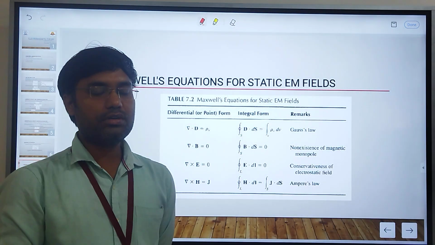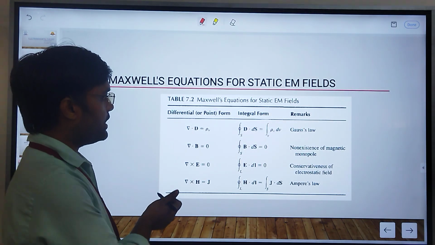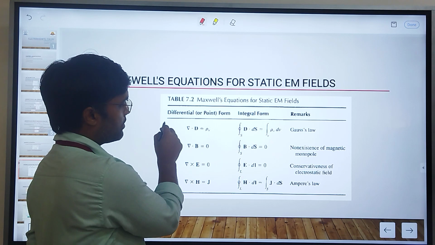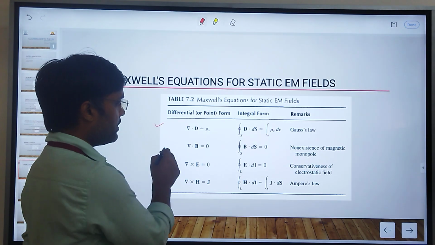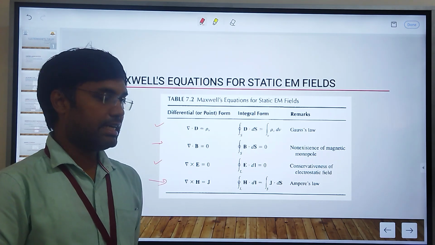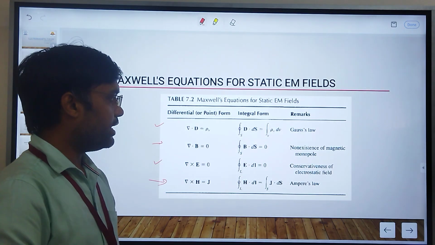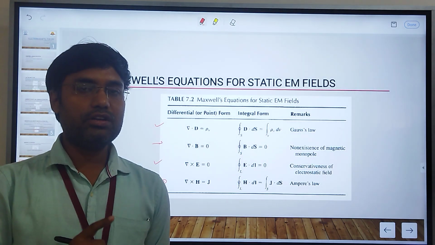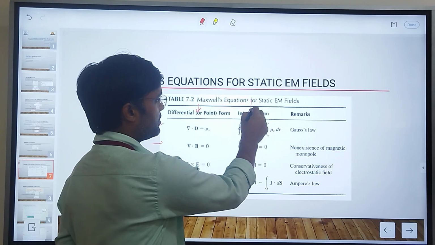Now we conclude all of Maxwell's four equations as shown in the table here. The first and third equations are for electrostatics, and the second and fourth are derived from magnetostatics, or magnetic fields. The first equation is del dot D, the divergence of electric flux density, equal to the volume charge density. This is the differential form or point form, or this is the integral form.